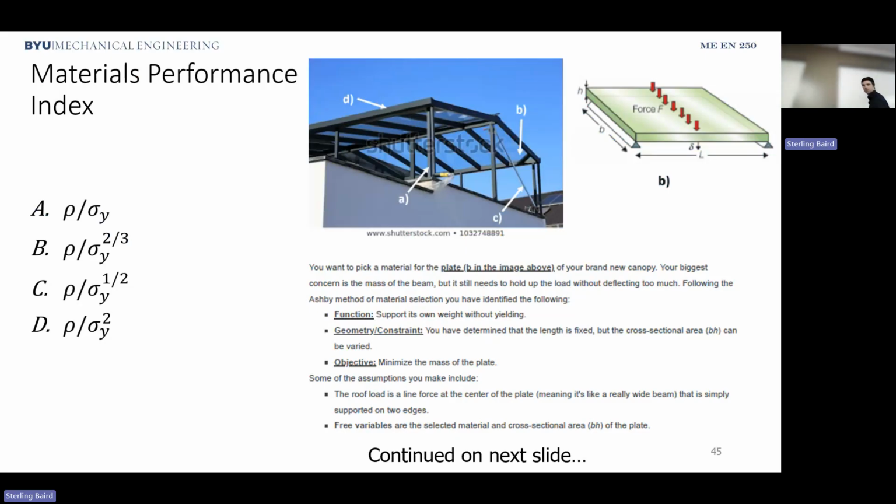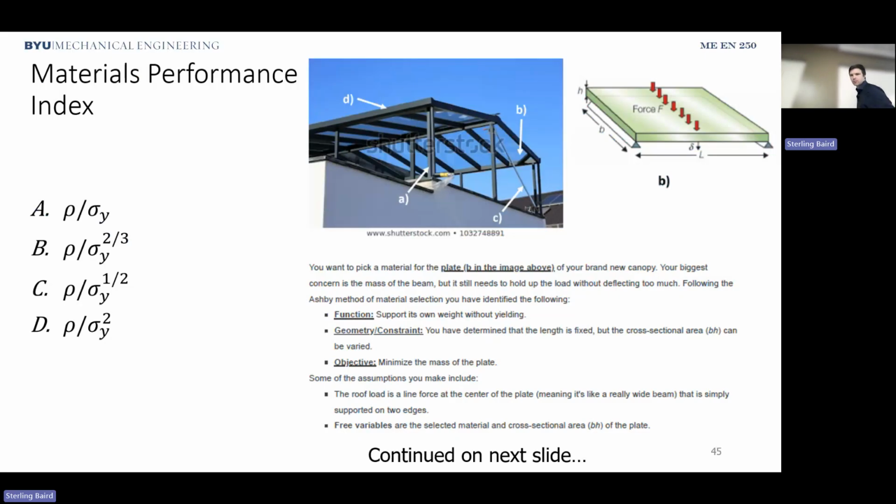We're told that the loading is approximated as a supported beam of width B with a point load in the center.